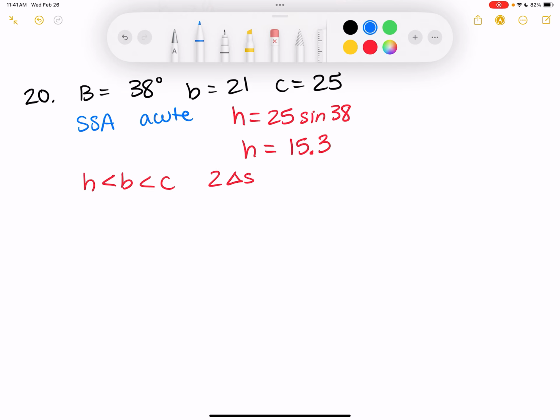So the first triangle is this giant triangle that we normally have. So angle B, side B, and side C. Those side lengths and that angle are 100% fixed. Those aren't changing.